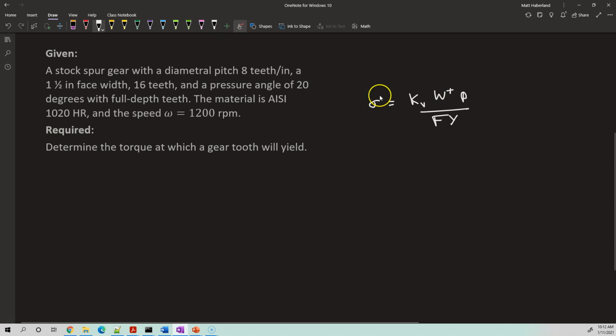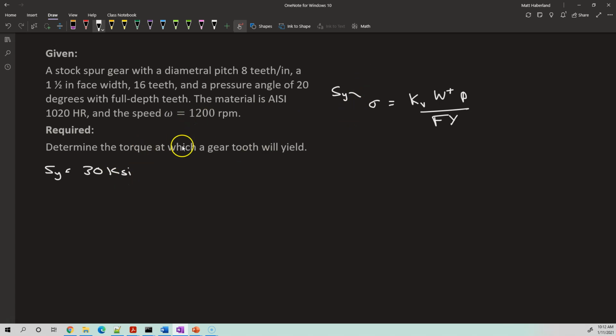So this is going to tell us the stress, and we're going to figure out when it gets high enough for it to yield. When it yields, this is going to be Sy, the yield strength of the material. Sy in this case is, for 1020 hot rolled, 30 ksi.